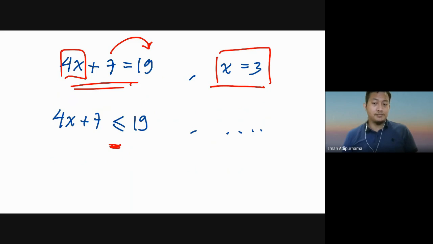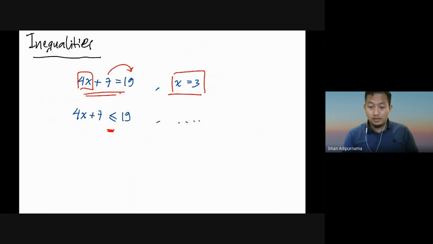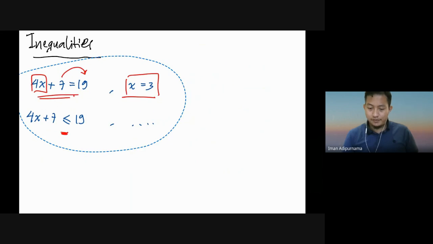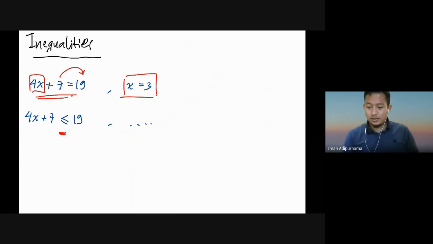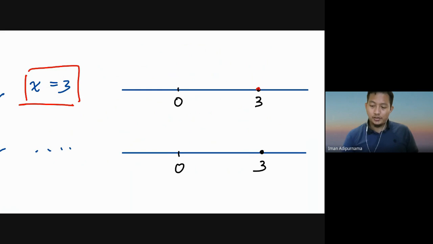So it means that the answer is not exactly one answer, right? If we want to draw a number line, let me move this a little bit left, and let me draw this number line. Maybe from 0, and then maybe this is 3. The first one, we only have 1 point. So this is exactly our solution.